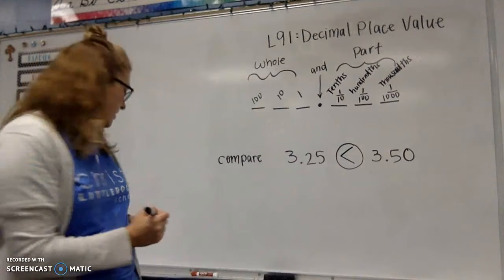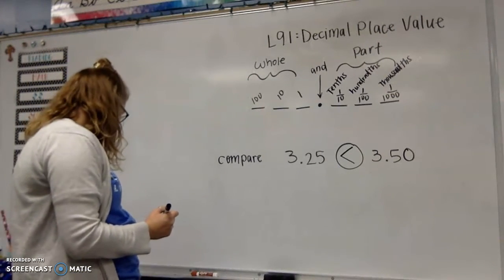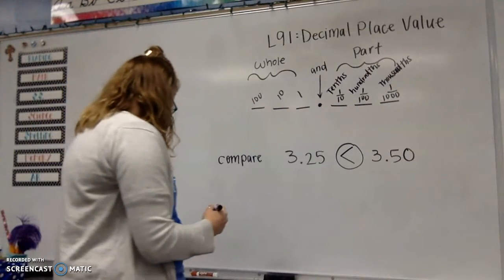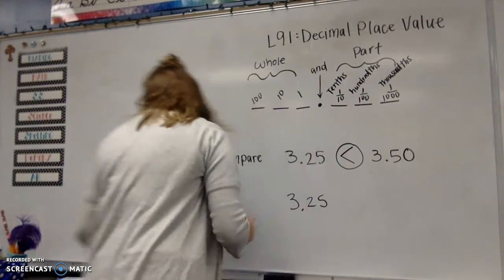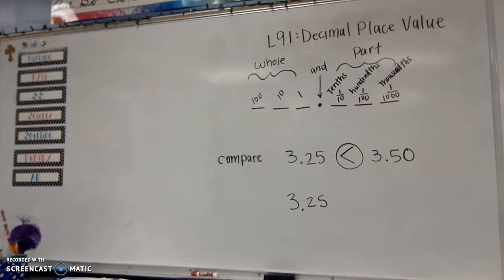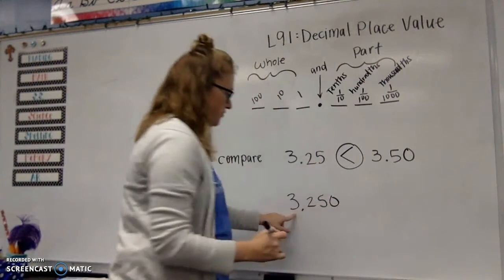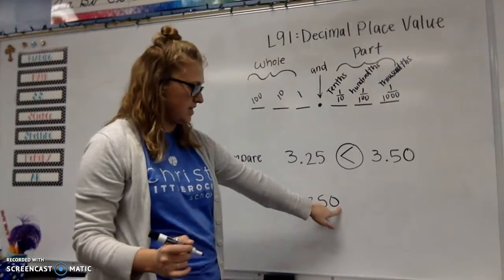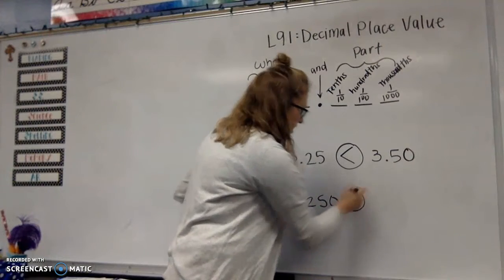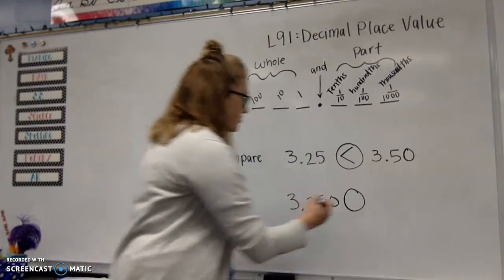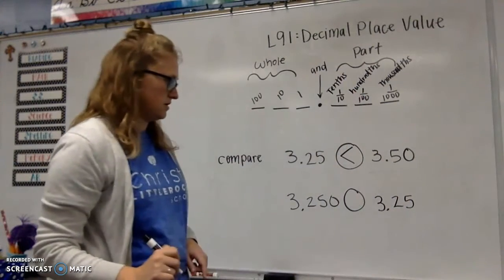Okay. Another way that you can do it, if I'm following down, I'm looking at lesson practice F now. I have 3.250, which is said 3 and 250, and it's in the thousandths place, so 3 and 250 thousandths, compared to 3 and 25 hundredths.